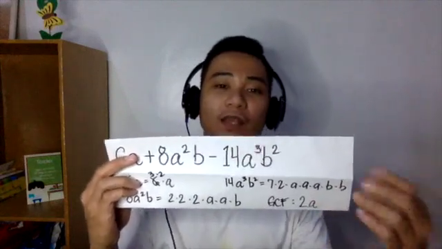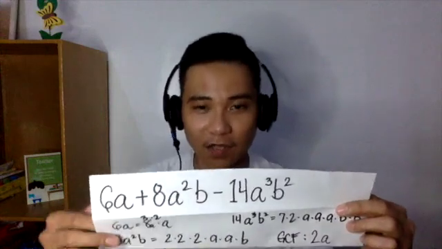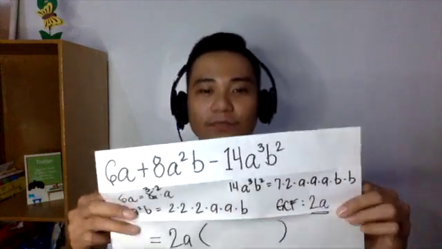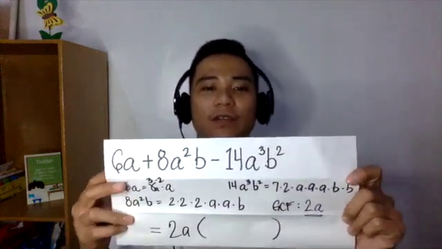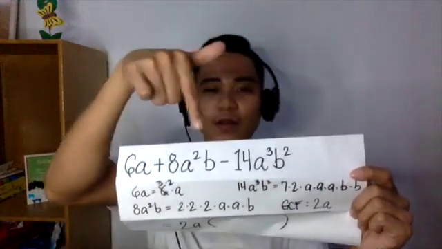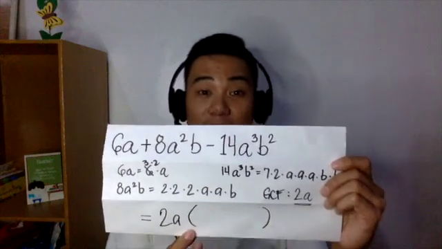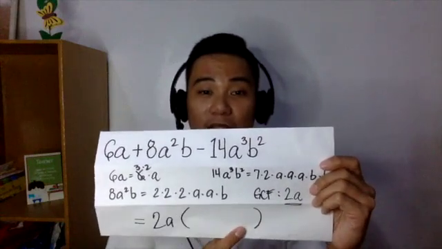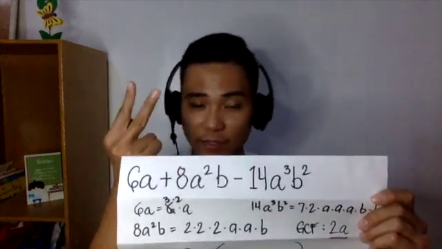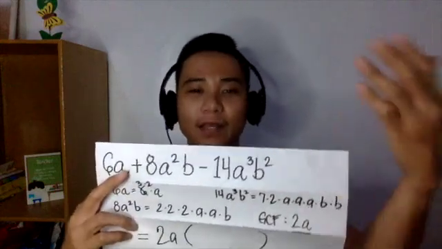So what is the purpose again of the GCF here? The GCF is your first factor. So the first factor of the polynomial will be the GCF. I just write it here, and put parentheses, meaning there's a second factor. So how do we identify the second factor?